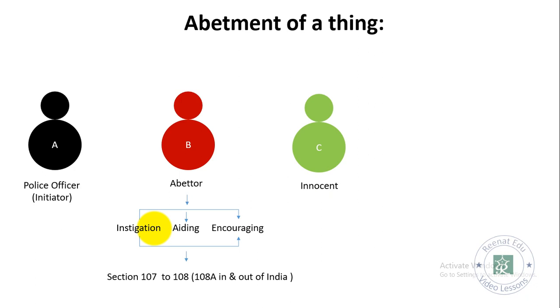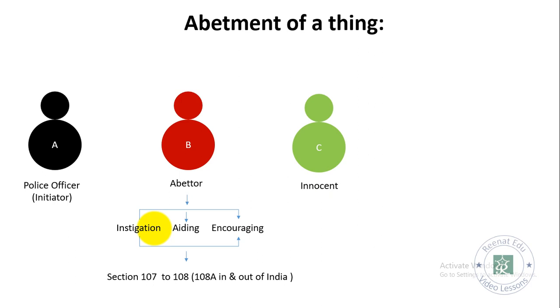Section 107, 108 purely talks about what is abetment and what is abettor. It's a kind of discussion on abetment, on the face of it. And 108A is like an amendment added recently. It talks about abetment in India and outside India.